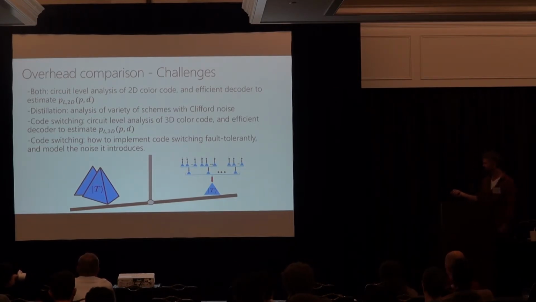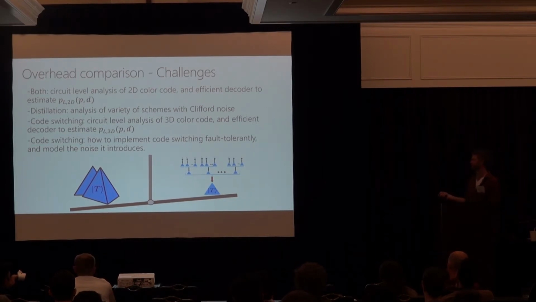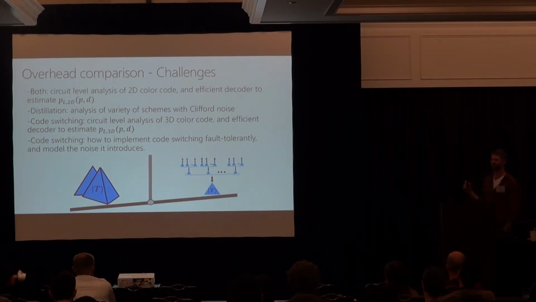Well, first of all, we need a circuit level analysis of the 2D color code using an efficient decoder. And as Alex was describing in the previous talk, these can be done, and it's possible to do that, but not so much analysis has been done on the case of noisy measurements as well.